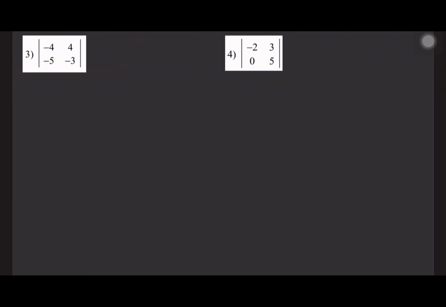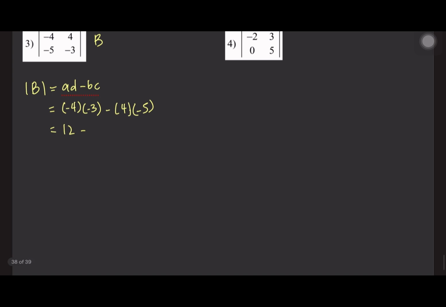Now, let us find the determinant of this matrix. Let's call it matrix P. Determinant of P equals AD minus BC, which is negative 4 multiplied by negative 3 minus 4 multiplied by negative 5. 12 minus negative 20 equals 12 plus 20 equals 32.